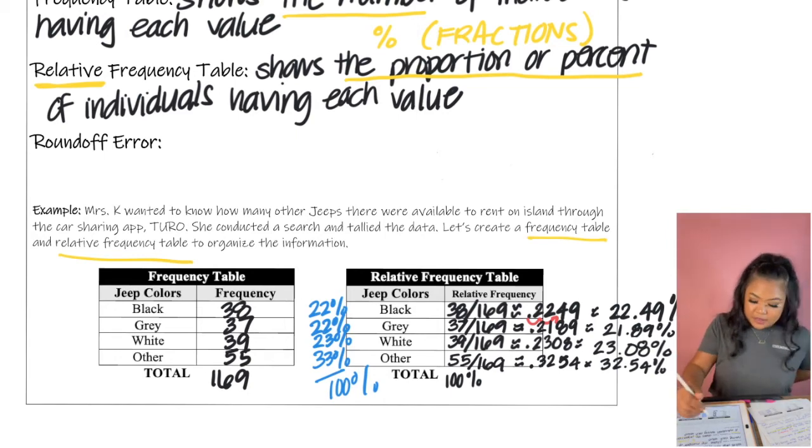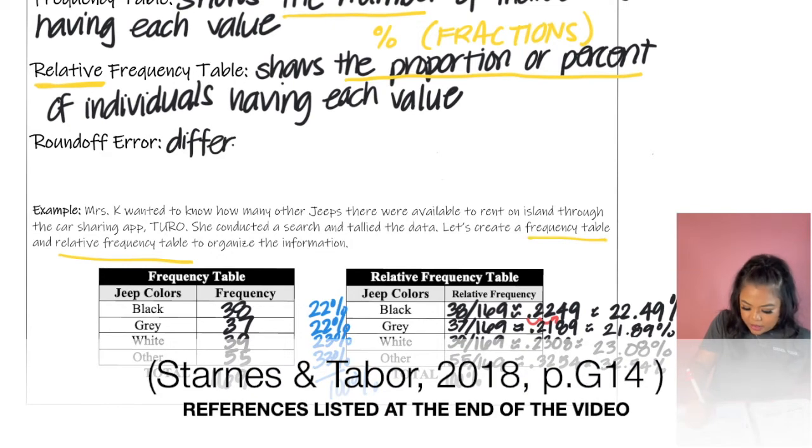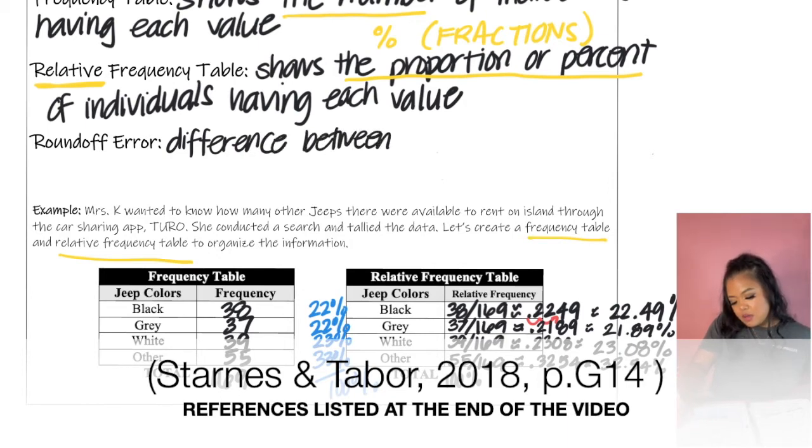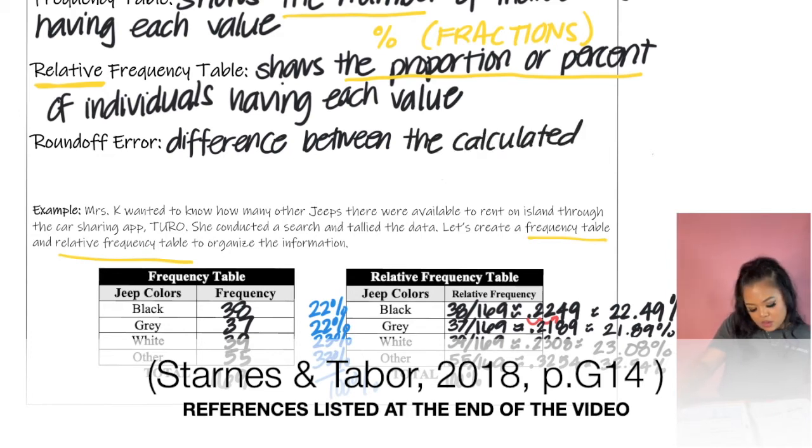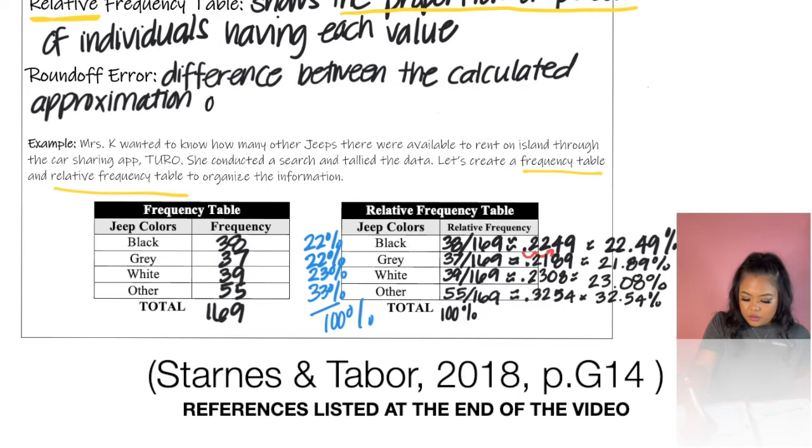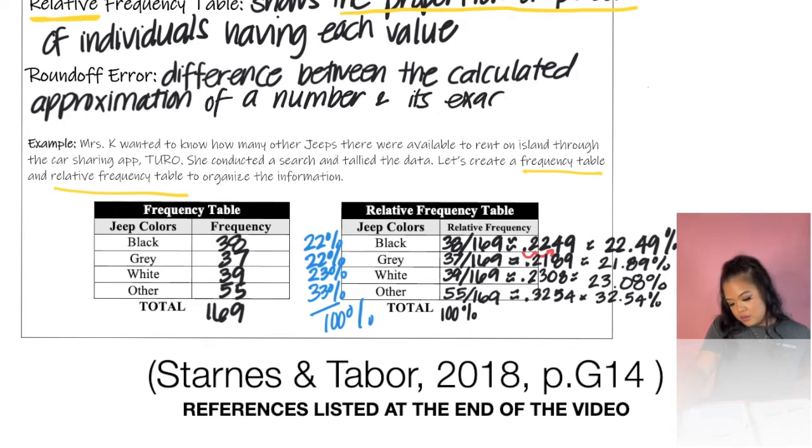Round off error is the difference between the calculated approximation of a number and its exact mathematical value.